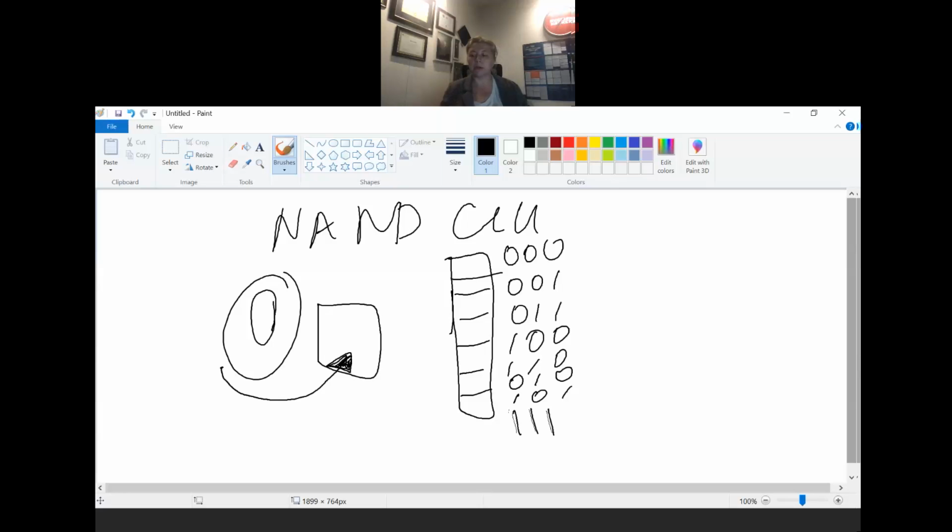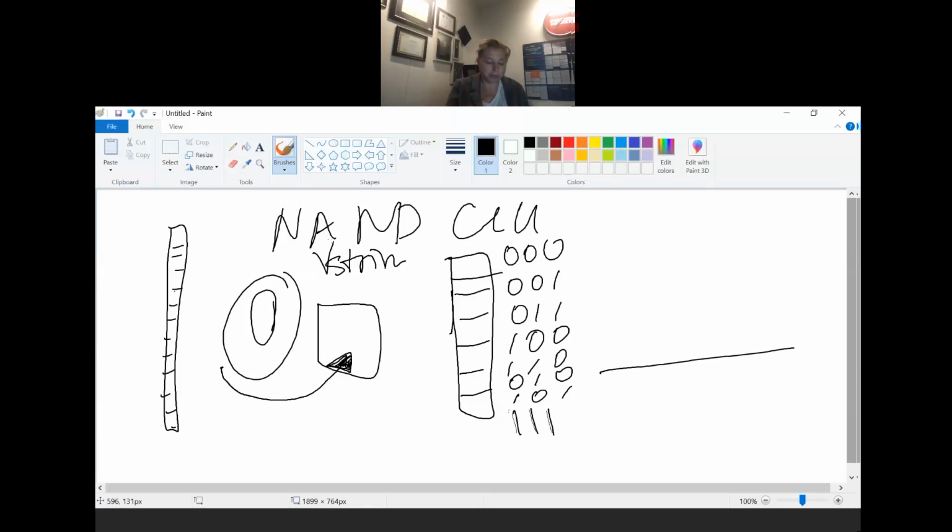And now we're going to talk about how these cells will be united into a V, which is vertical, string. It's called a string. So it's called a V string because it's a vertical string.